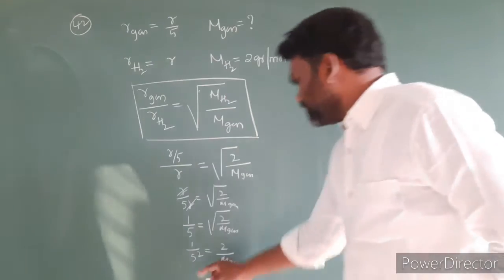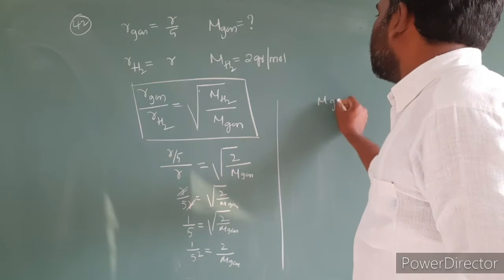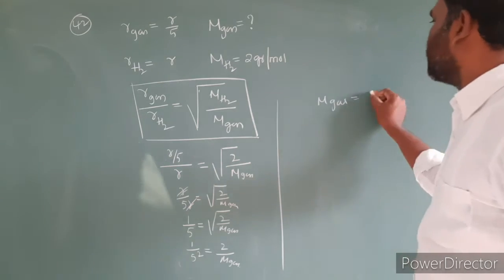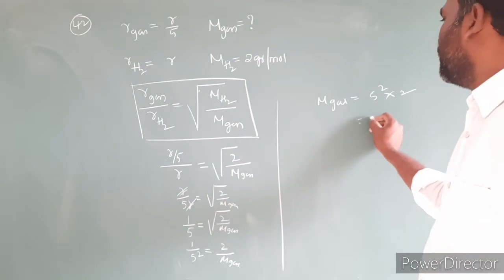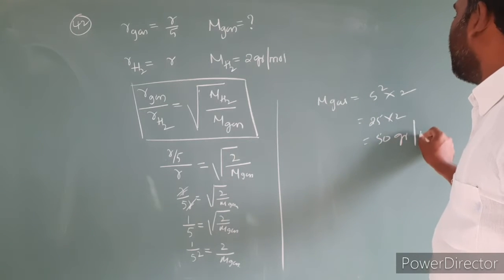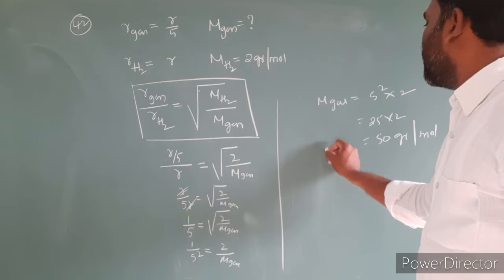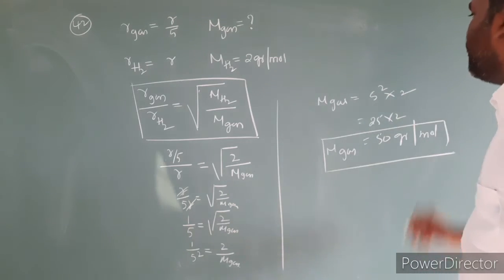So molar mass of gas is 5 square into 2, that is 25 into 2, equal to 50 gram per mole. So the molar mass of the unknown gas is 50 gram per mole.